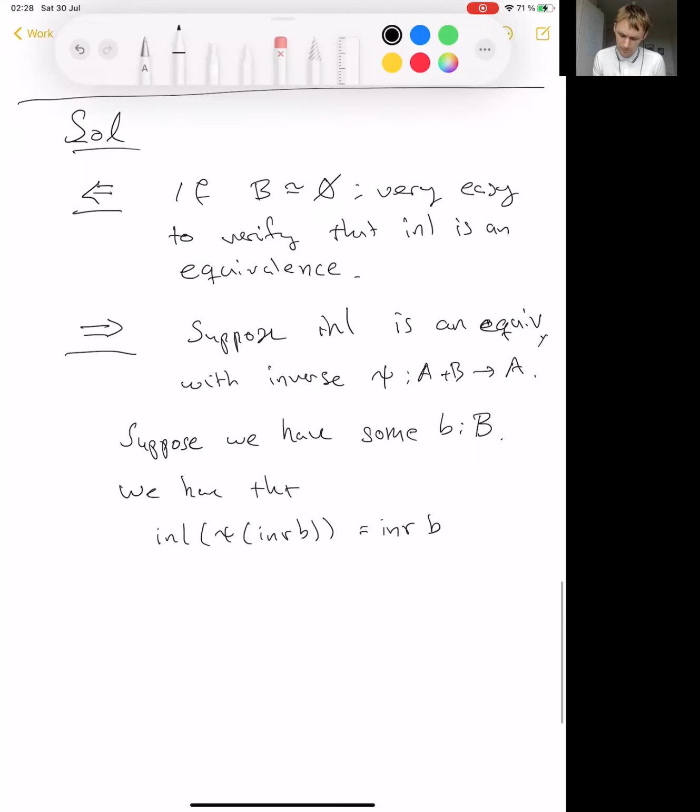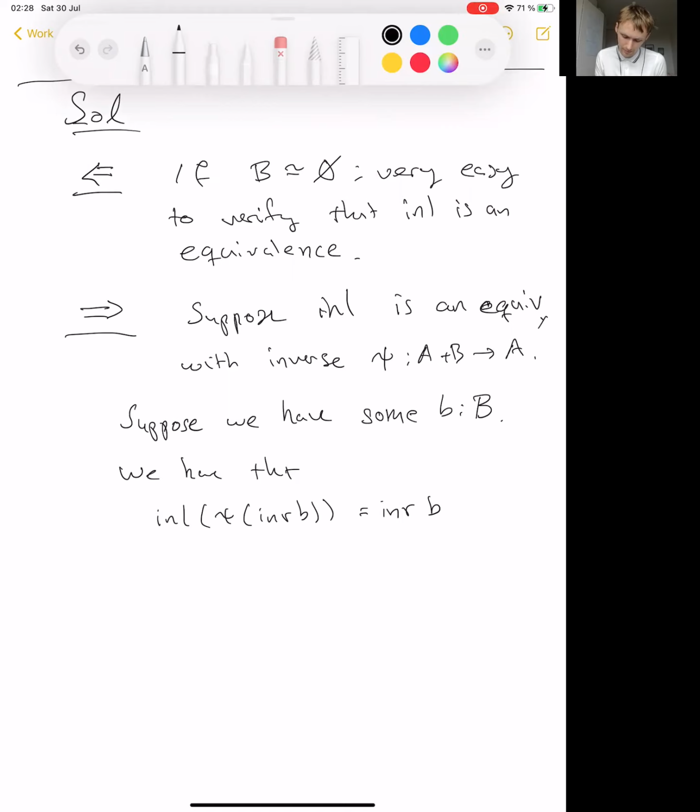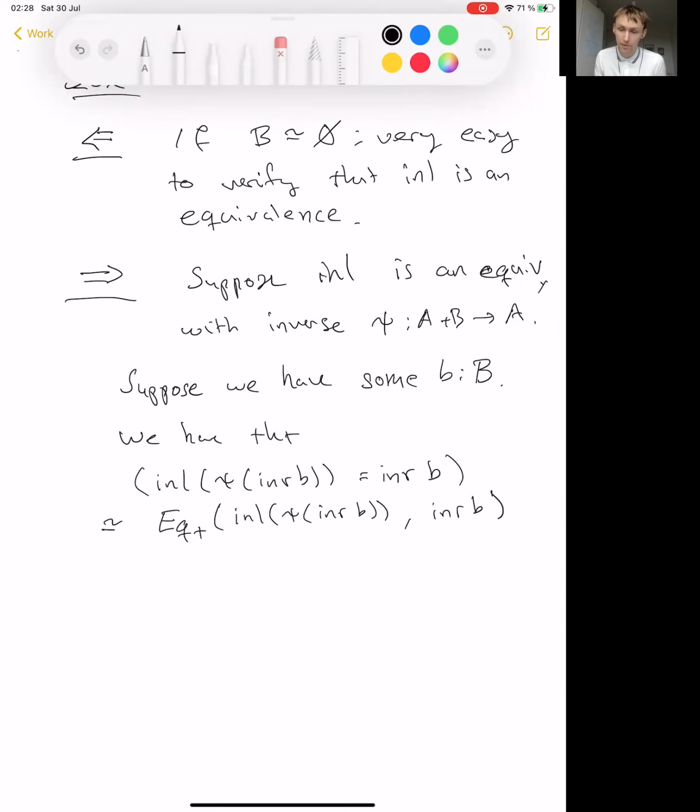Well, let's look at what happens. We said that the identity type on A plus B was equivalent to the observational identity type. So this is equivalent to the Eq plus of inl psi inr b and inr b. What was the definition of the observational equality type when you had the first argument inl and the second one inr?